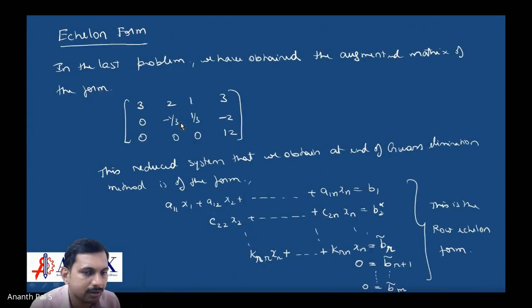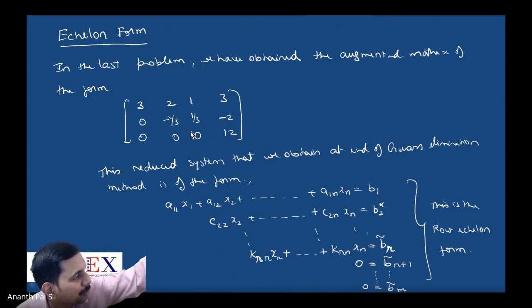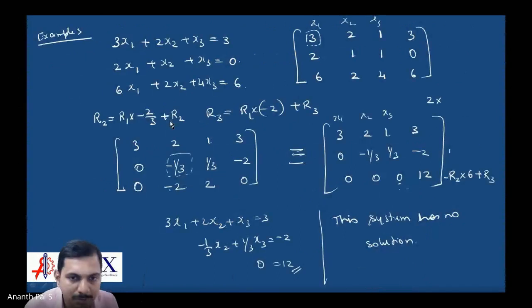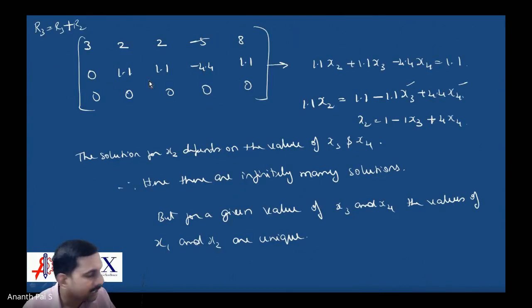Not upper triangular matrix. See, an upper triangular matrix is also echelon form. Say some of the lower triangle of that becomes 0, even then it's echelon form. Observe here, this is echelon form. Is it an upper triangular matrix? No. You may have another 0 here.